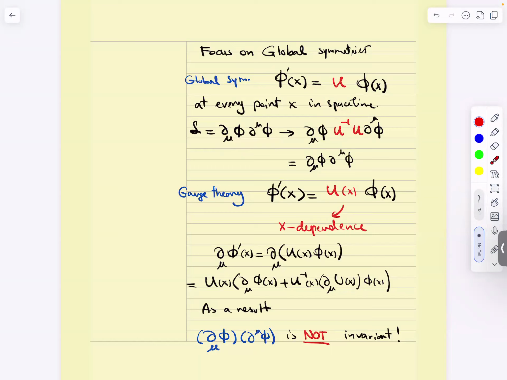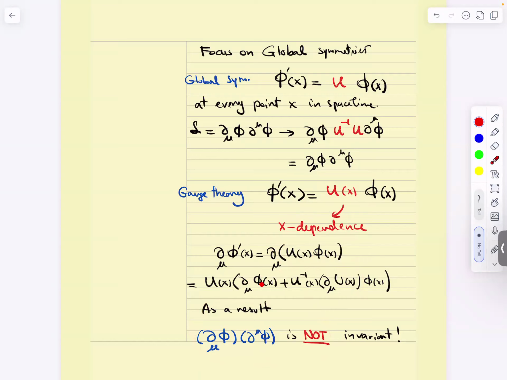That's pretty obvious, right? Now, for a second, imagine you had a symmetry where the amount of transformation you're making could depend on the position in space, right? If you introduce such a thing, well, then del mu of phi prime will be this. Now del mu acts on u of x, so the kinetic term would no longer be invariant.